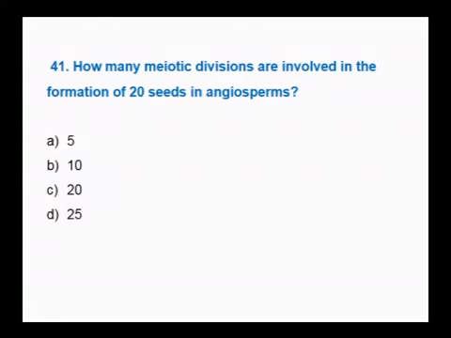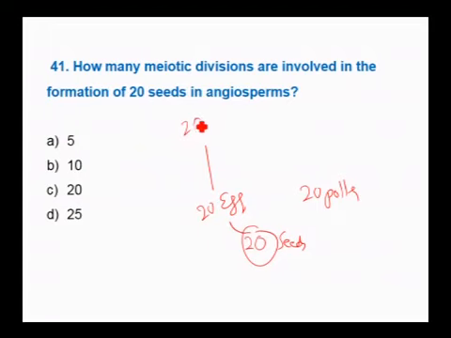Next question. How many meiotic divisions are involved in the formation of 20 seeds in angiosperm? See, for the formation of 20 seeds, you need 20 egg cells and 20 pollen grains. 20 egg cells or 20 female gametophytes are produced from 20 megaspore mother cells, because each megaspore mother cell will produce only one embryo sac.